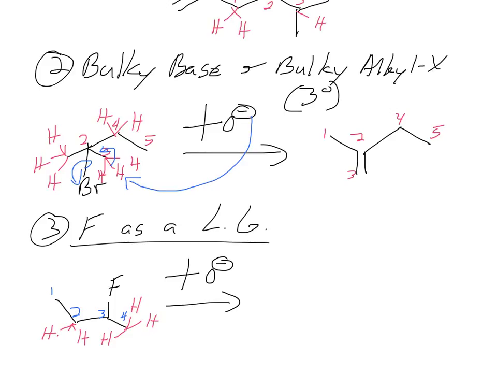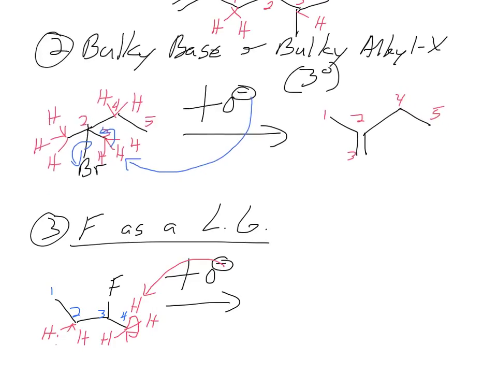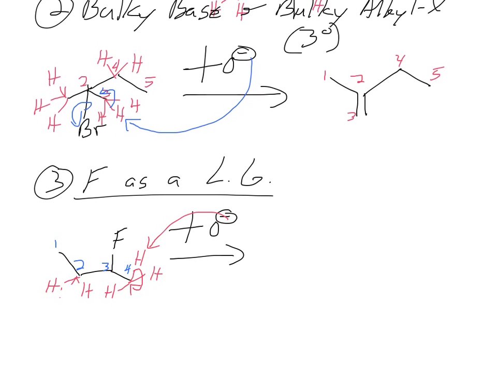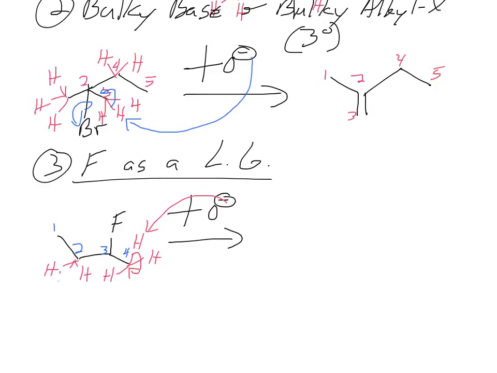And the reason why we do that is because we make an actual carbanion intermediate here. So we make this carbanion. And if we're going to make a carbanion, because fluorine's such a bad leaving group, it essentially won't leave at once. It'd rather have you make a carbanion first.